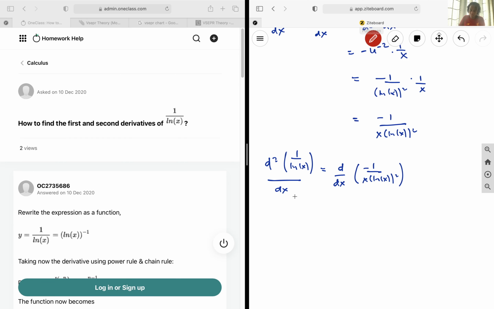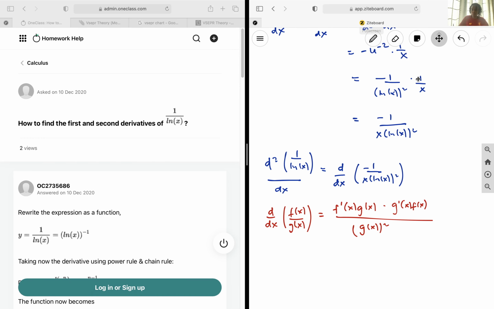Let's just write it down quickly here. We know that d over dx of f of x over g of x is going to give us the derivative of f of x multiplied by g of x minus the derivative of g of x multiplied by f of x, all over g of x squared.